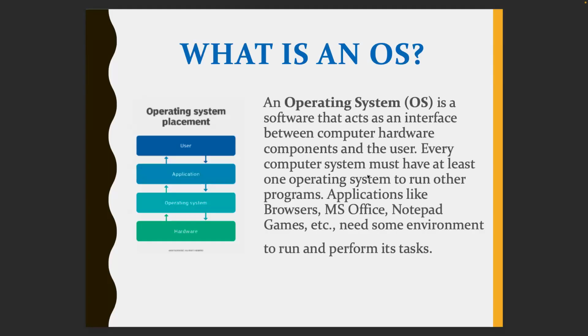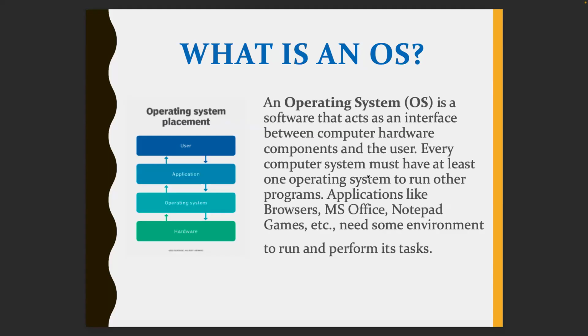Like I said, we are all using some operating system or the other, and it works like an interface between the user and the computer hardware, right? Let's say you want to play a game, draw something, paint something, or write something, you need to open a Word document.